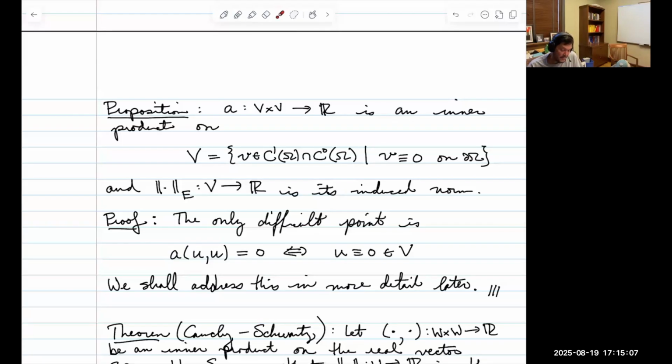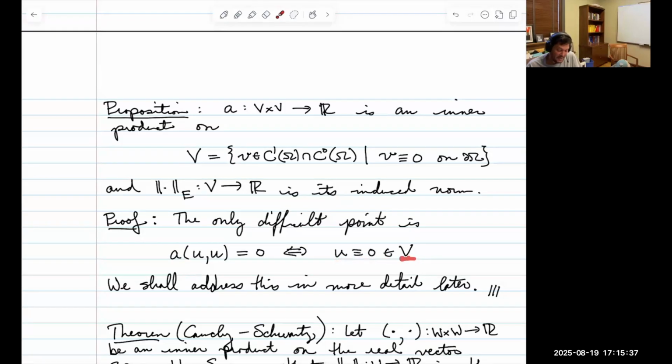But the only difficulty here with this problem is that we want to prove, as a part of A being an inner product, that it has this positive definiteness property, which means that we want to show that the only way that A(u,u) could be equal to zero, this is the only difficult point, is that u is identically equal to zero in the space.